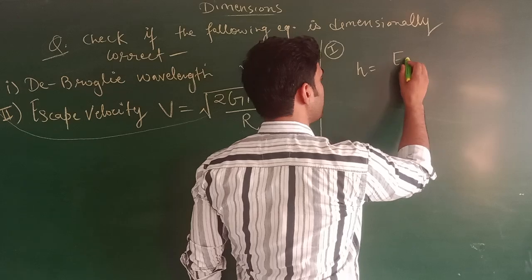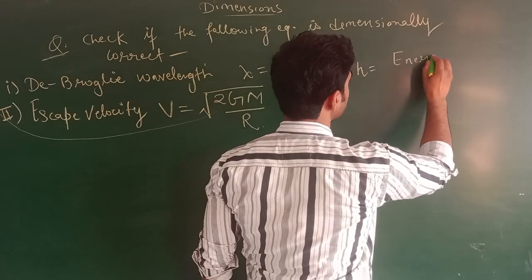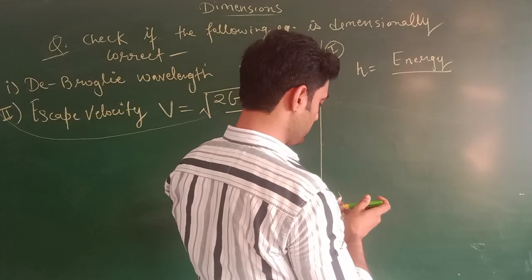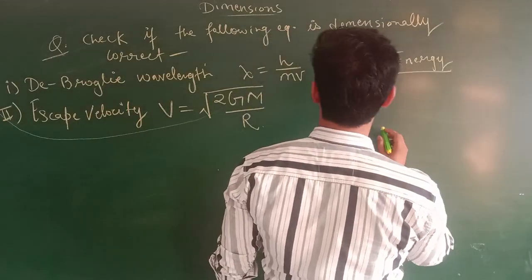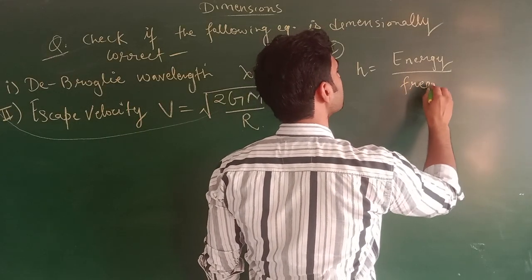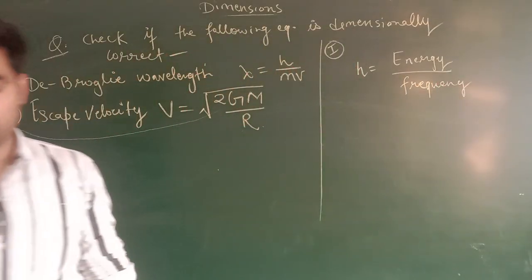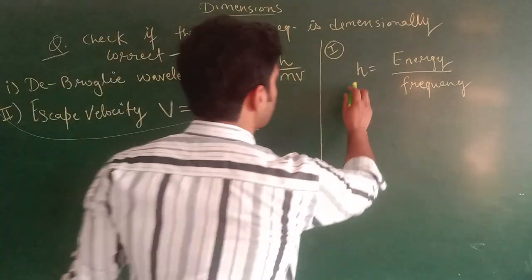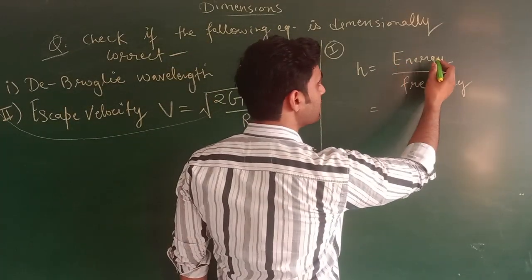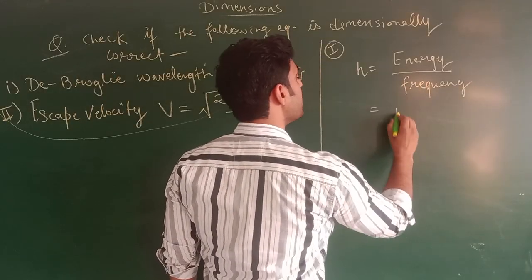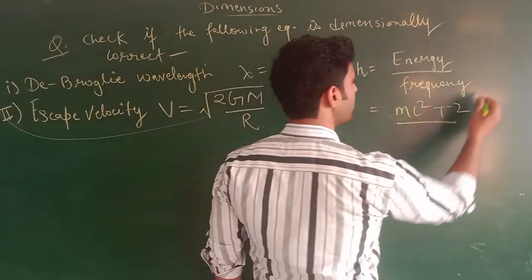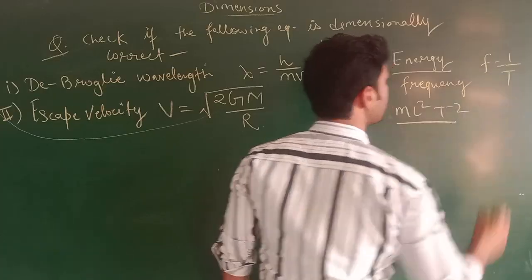Planck's constant equals energy upon frequency. This is what we call the formula of Planck's constant. Energy and work have the same dimensional formula, that is M L square T minus 2, and frequency means 1 by time period.